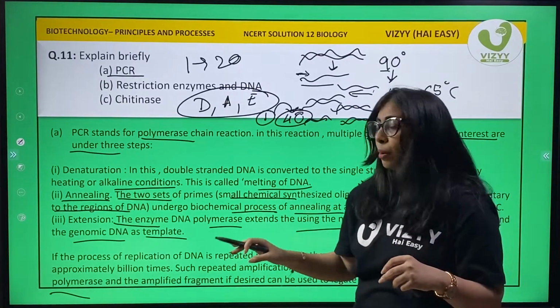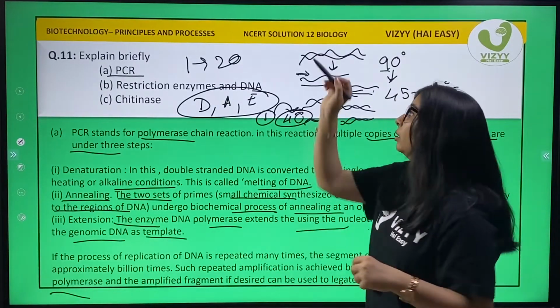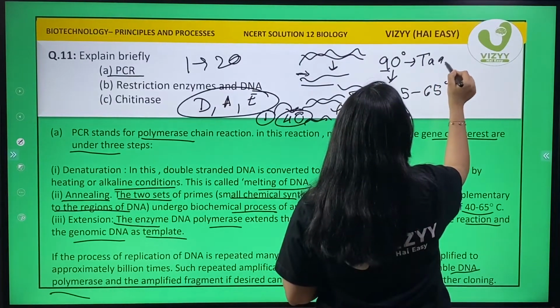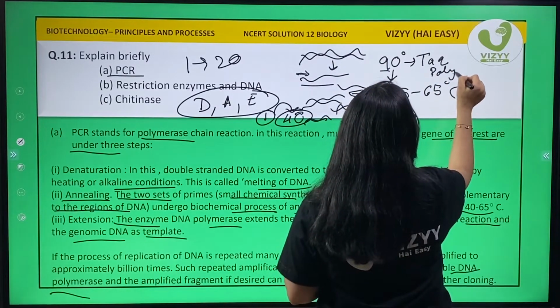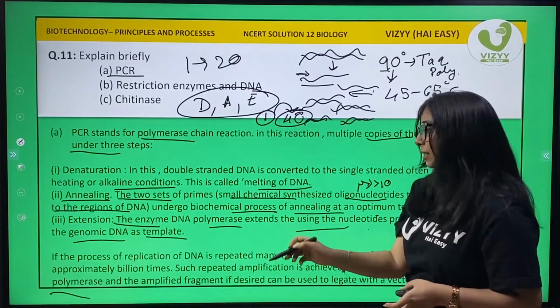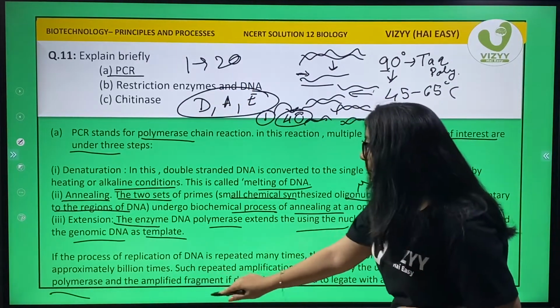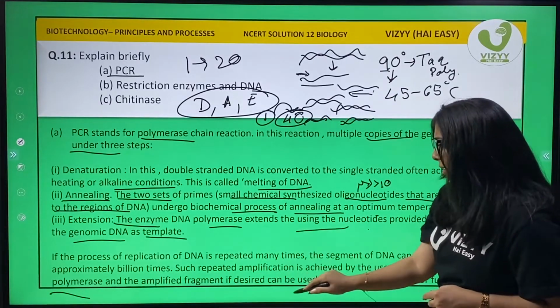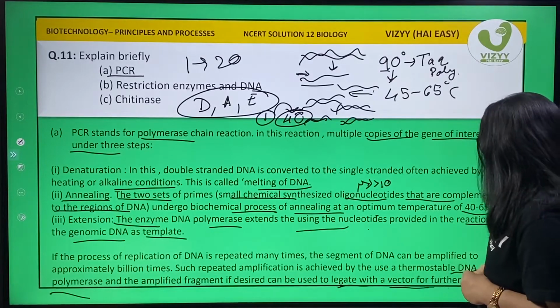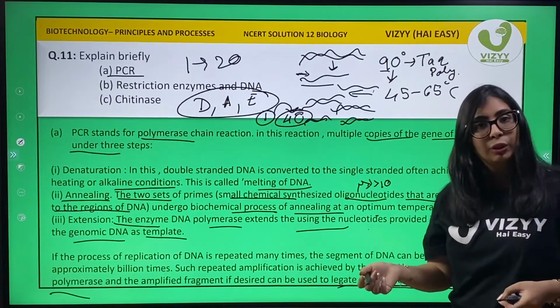Thermostable DNA polymerase is known as Taq polymerase, and it is used in PCR repetitively. The amplified fragments of the desired gene can be ligated with the vector for further cloning.